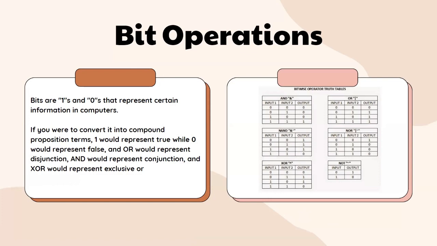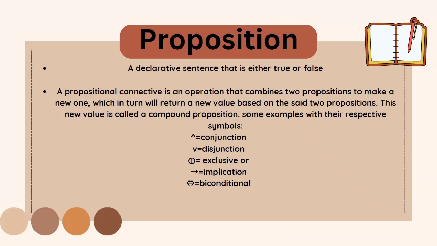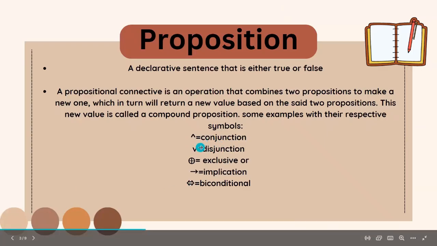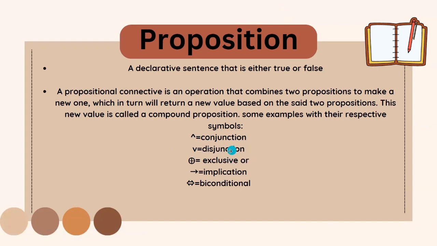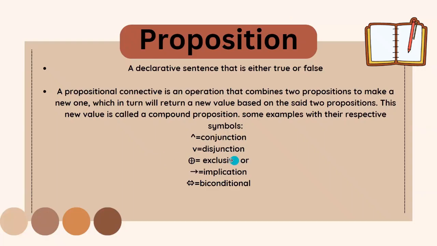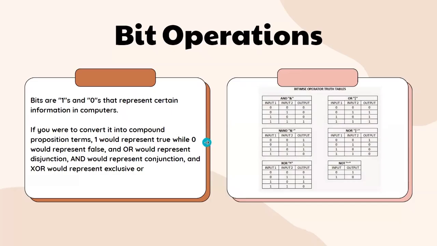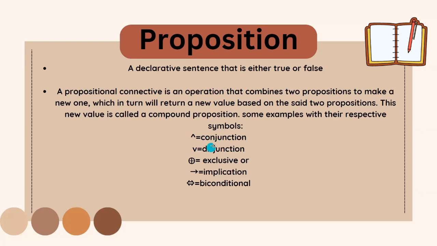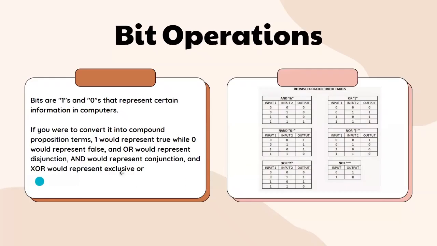This junction would represent the symbol or, the word or, and this would represent the conjunction, while XOR would represent the exclusive OR.